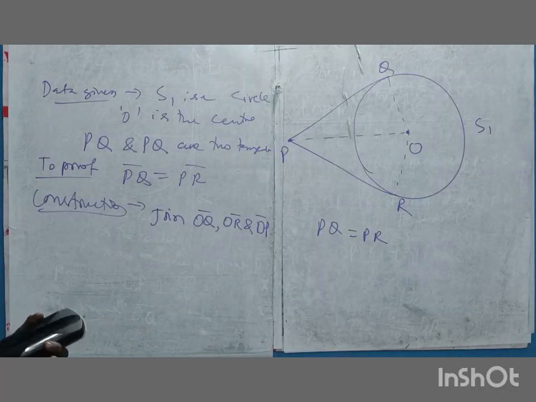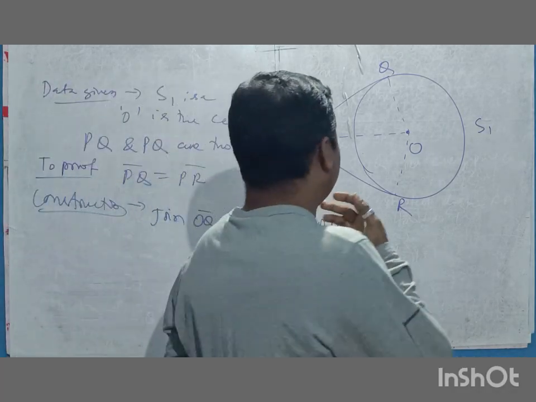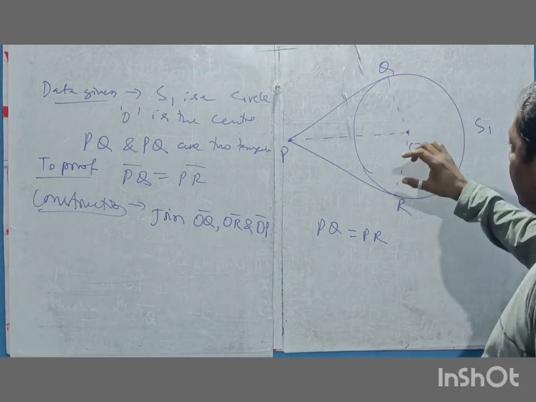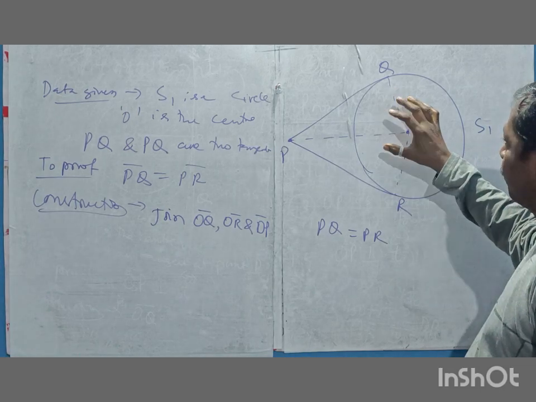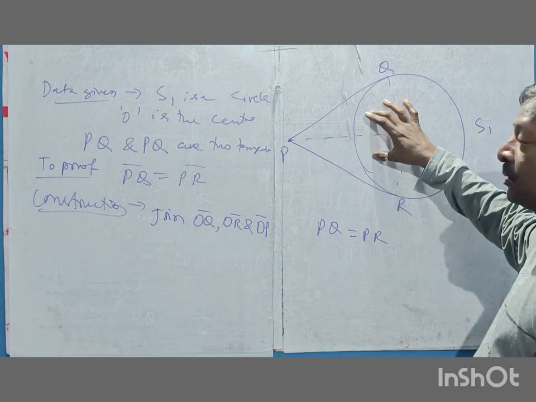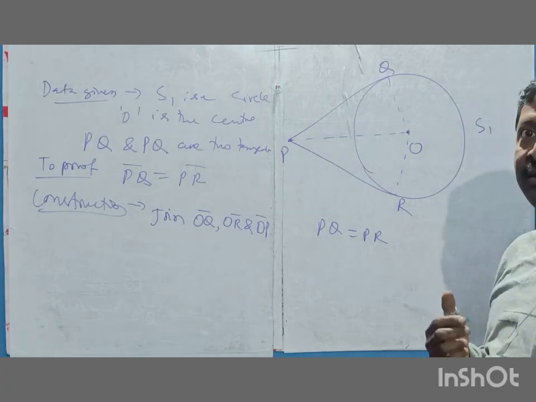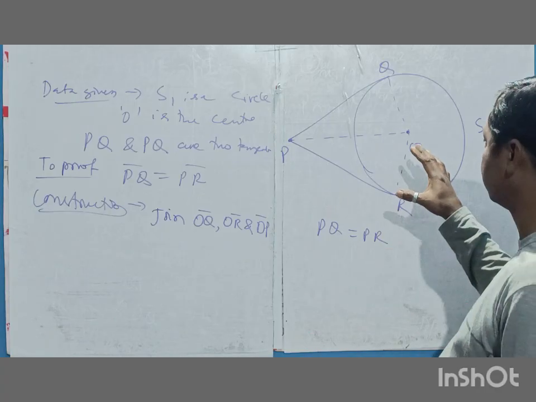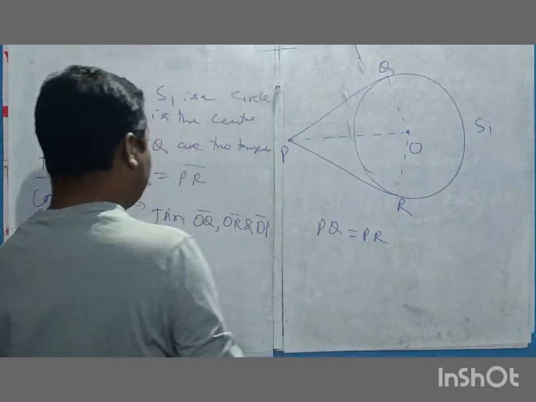Why? Because by joining these, I will get extra 90 degree angles, and we will get two triangles. If we prove these two triangles congruent, I can write PQ equals PR. So let's do this.